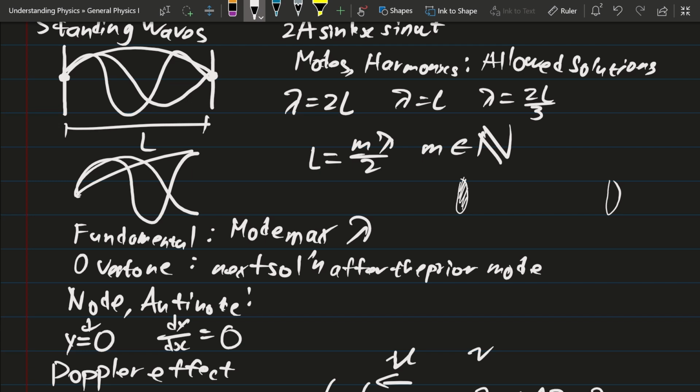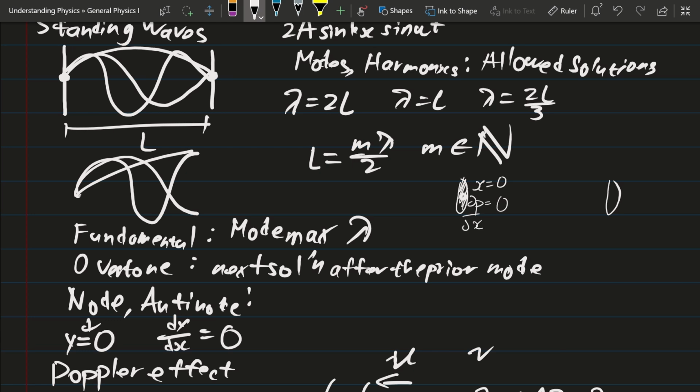So for a closed end, the point at the end, its displacement will be zero. Therefore the displacement is a node, while the change of pressure over x will be zero. So that means that it is an antinode.